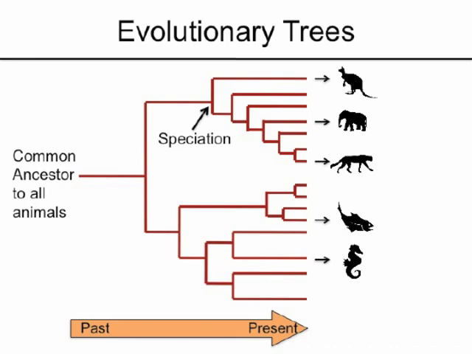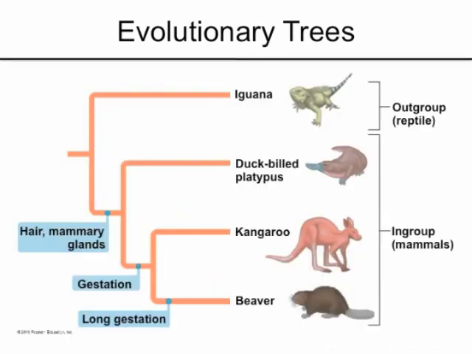And another thing we can do with evolutionary trees is place characters on them. So here is a tree built from an iguana, a duck-billed platypus, a kangaroo, and a beaver. Iguanas are reptiles, whereas duck-billed platypus, kangaroo, and beaver are all mammals.